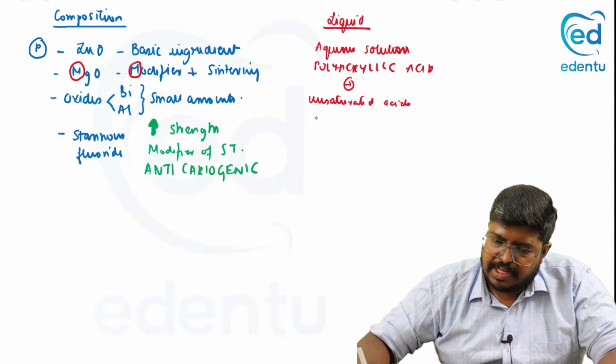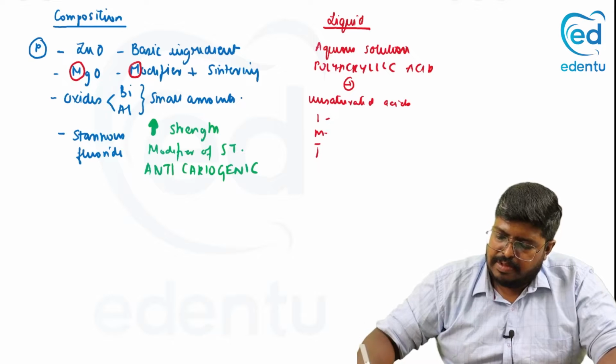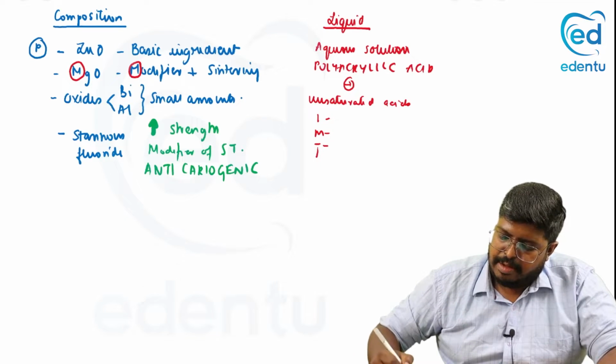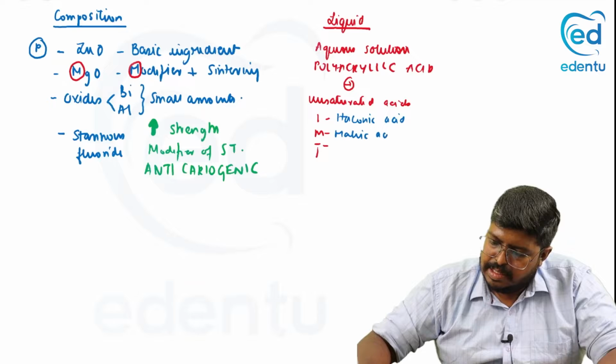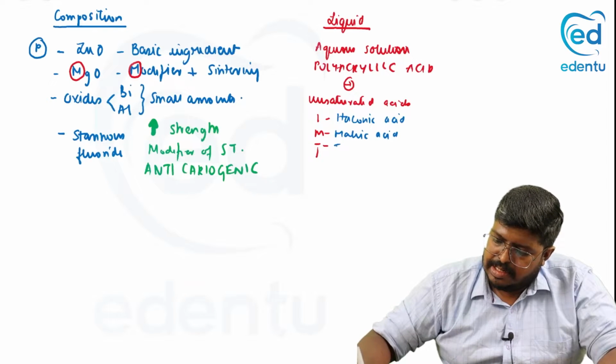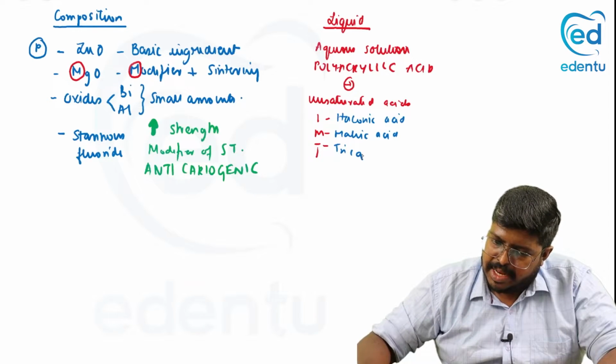Which are these unsaturated acids? IMT. You have three acids, I, M, and T. I is itaconic acid, M is maleic acid, and T is tricarballylic acid.